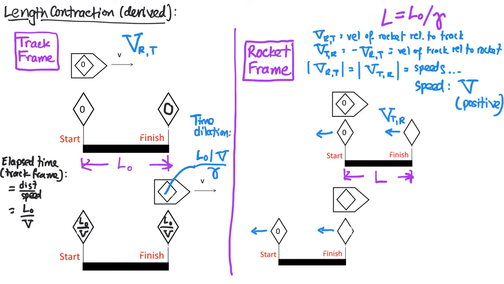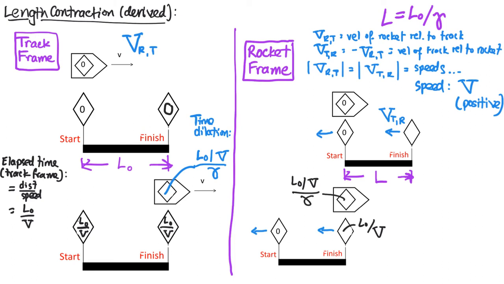So in the rocket frame, when the finish line clock reaches the rocket, the reading on the rocket will be L naught over v all over gamma, and the reading on the finish line clock will be L naught over v. So we can put those numbers in: L naught over v down there, and up here L naught over v all over gamma.